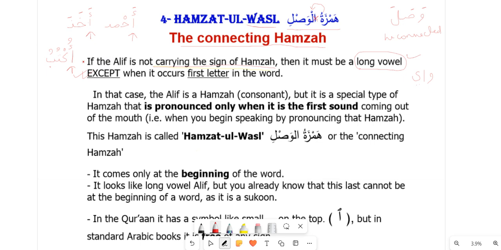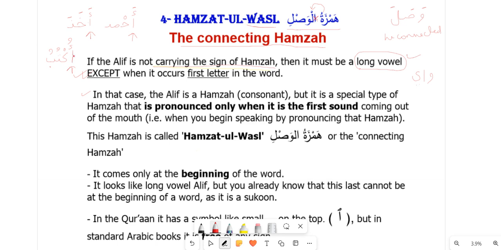And this is hamzatul wasl. It is always pronounced. Now, second, in this case, alif is a hamza. It is coming as a consonant. It is coming as a letter and it should be pronounced. Remember, whenever hamza is coming at the start of the word, it is coming as a letter.